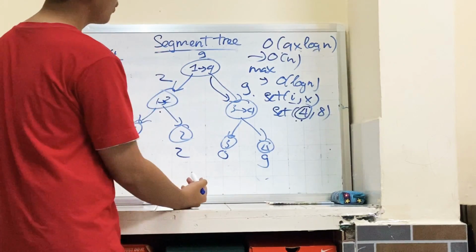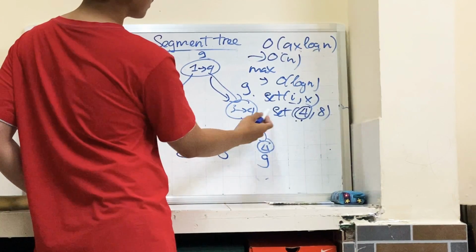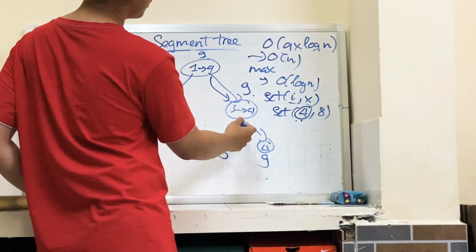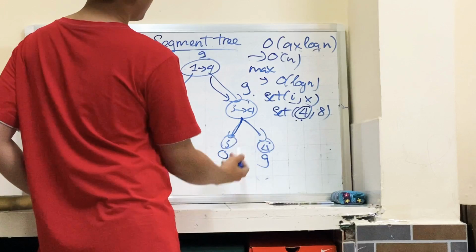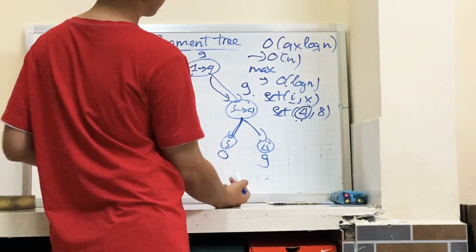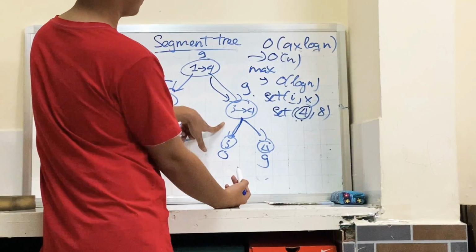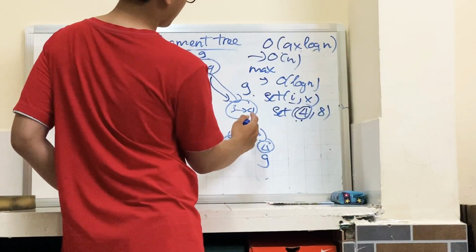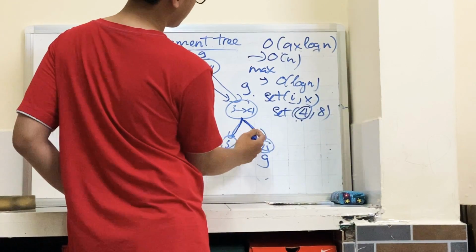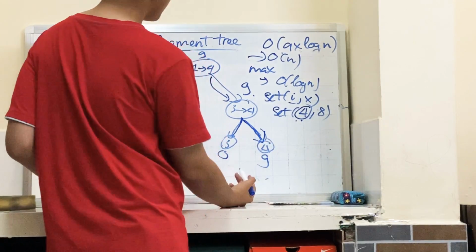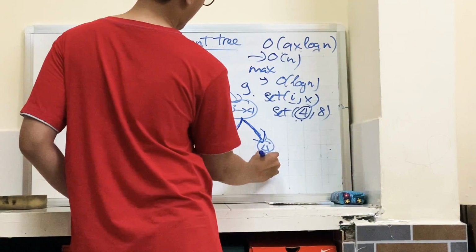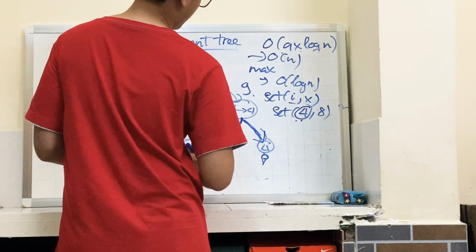Here it's split into 2 nodes, and the left hand side is already 3, so it's out of bound of 4. So you move to the right, and then you modify the value to 8.